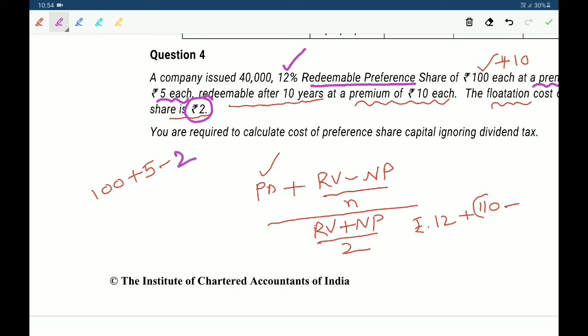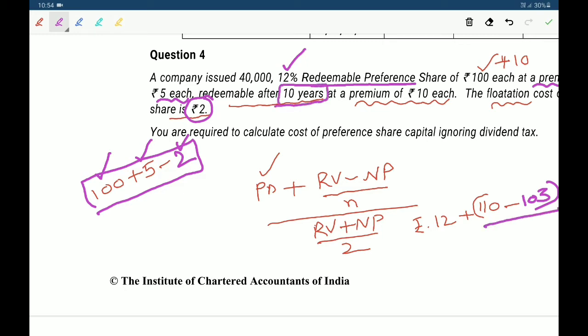So total net proceeds: 100 rupees face value, 5 rupees premium, 2 rupees flotation cost, so 103 rupees is the net proceeds, by how many years? 10 years. Total by redemption value 110 plus net proceeds 103 rupees by 2. It gives the cost of preference shares. Okay.